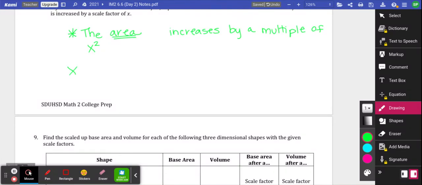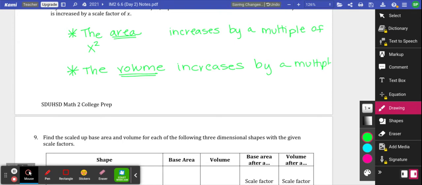And then let's talk about volume. So then the volume increases by a multiple of x cubed.